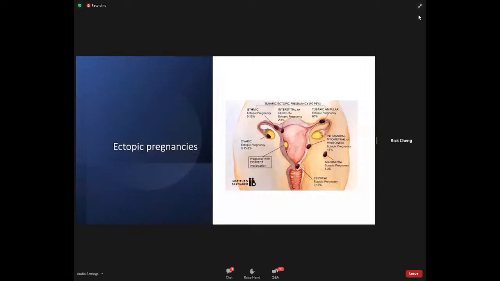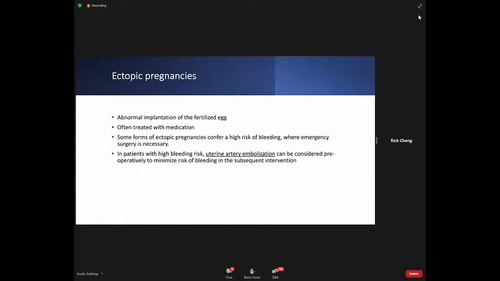Lastly, I would just want to touch on ectopic pregnancies briefly and the role of IR in these scenarios. In some rare cases, IRs would be called to perform prophylactic embolization prior to D&C in ectopic pregnancies, and this is usually in the setting of scar ectopics or cesarean scar pregnancies.